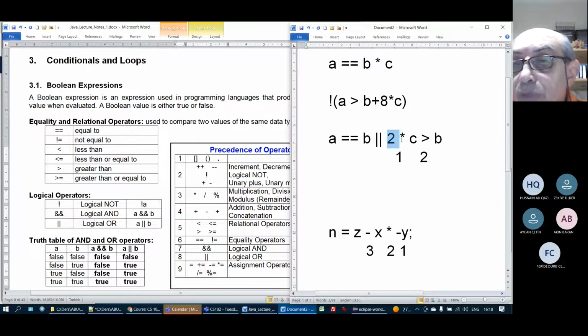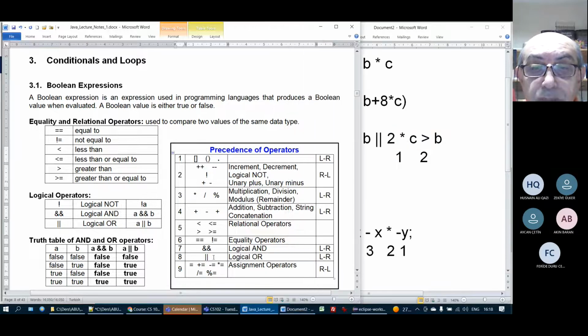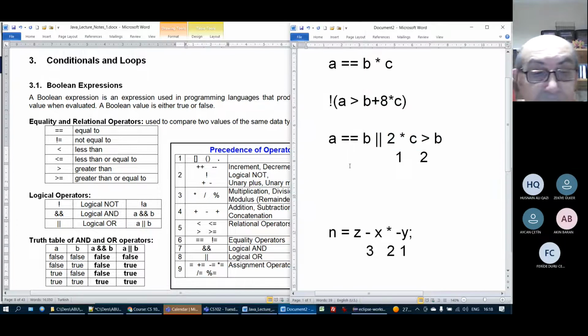Comparison of 2 times C greater than B will be either true or false. And then what is next? The OR operator has quite low precedence. So here this will be done next, 3. And this will be done at the 4th stage.